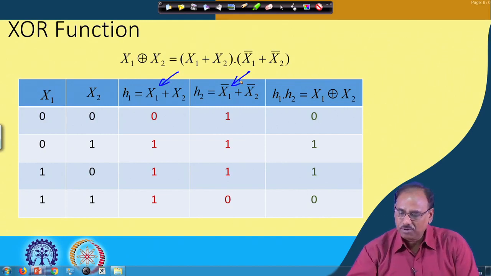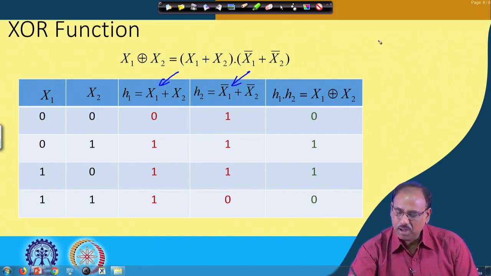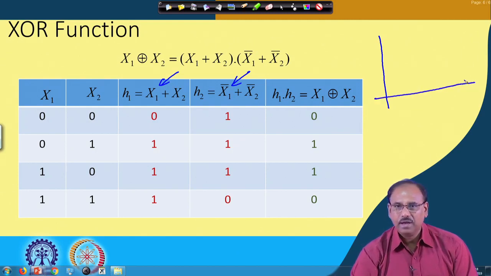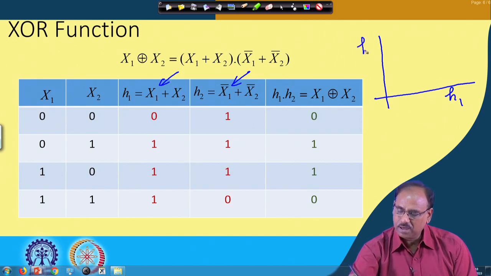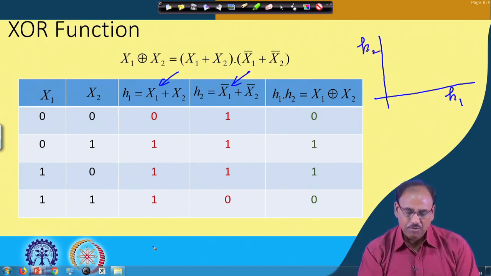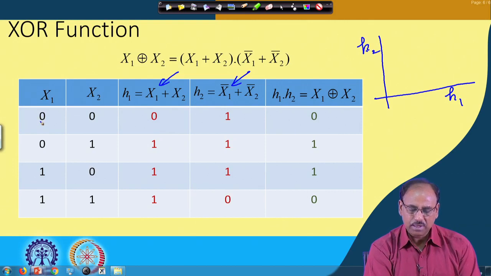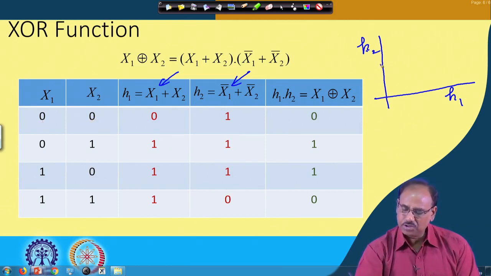So, as we have done before, if I plot h1 and h2, that is the intermediate feature space, say this is h1 and this is h2, you find that when h1 is equal to 0 and h2 is equal to 1, which is the mapping of x1 equal to 0 and x2 equal to 0, I have h1 0 and h2 1.